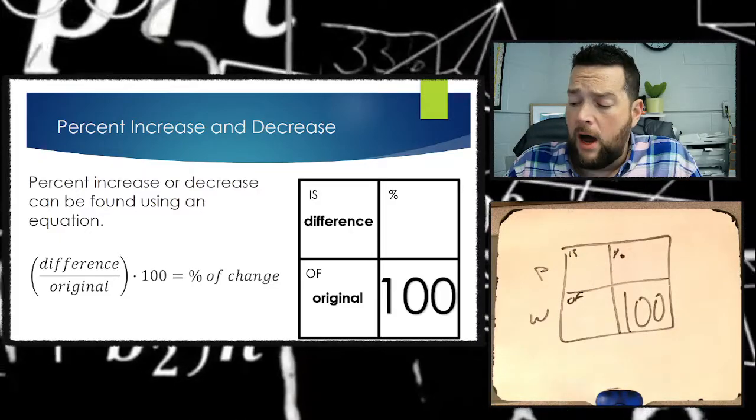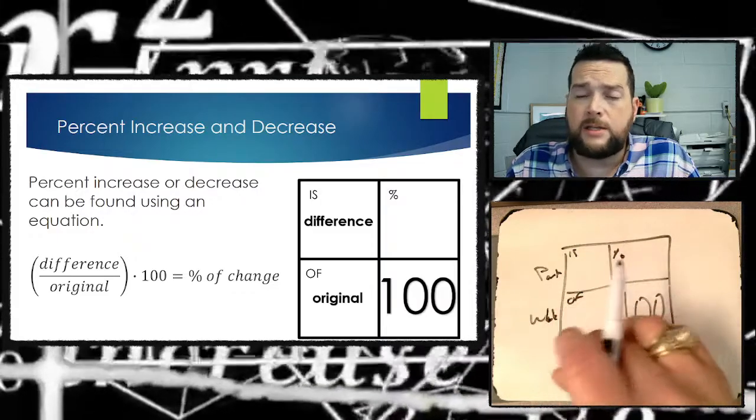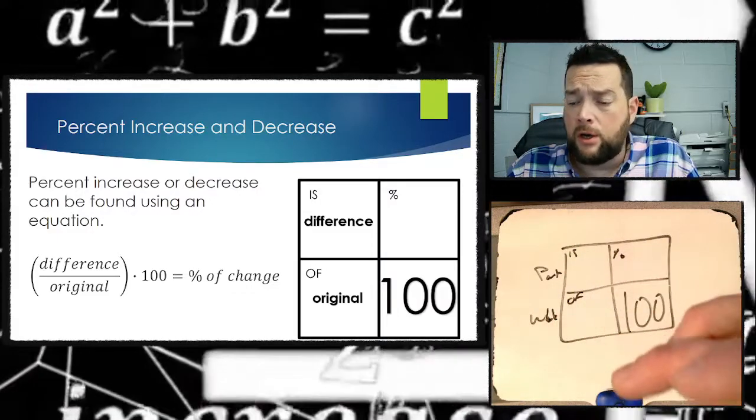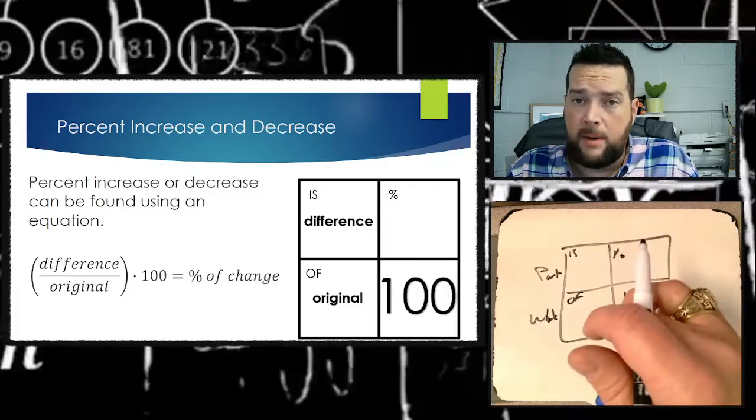If they're not helpful, I always tell you to think of this in terms of part over whole, all right? So whatever number is given to you, determine, is that the whole amount that's being given to me or the part of the amount, all right?